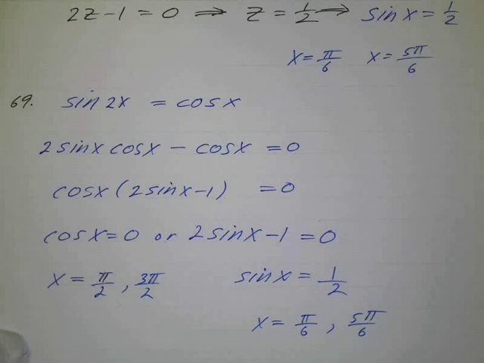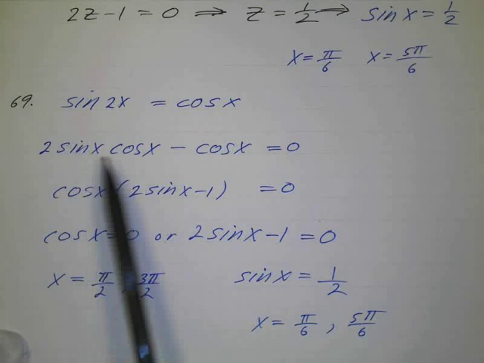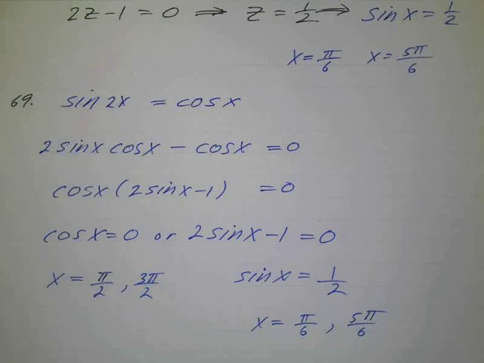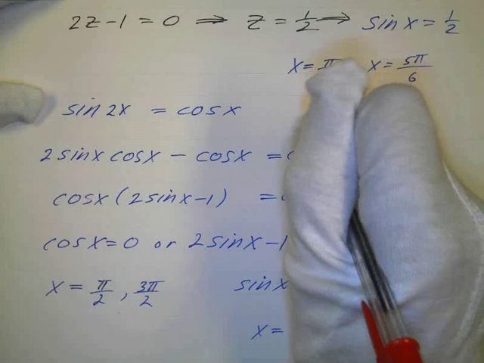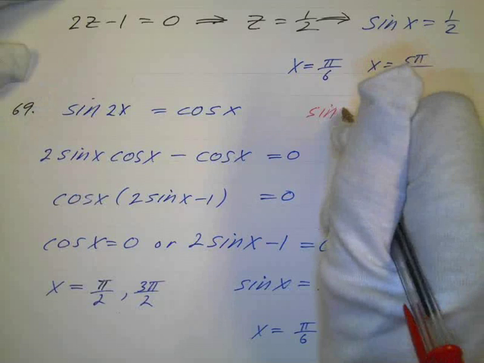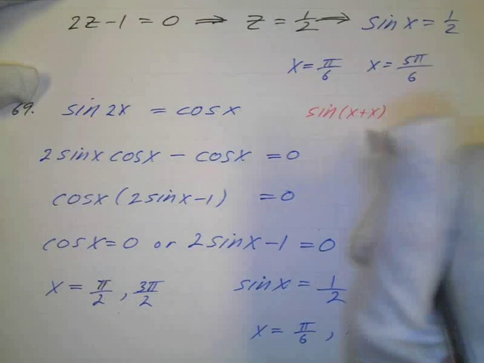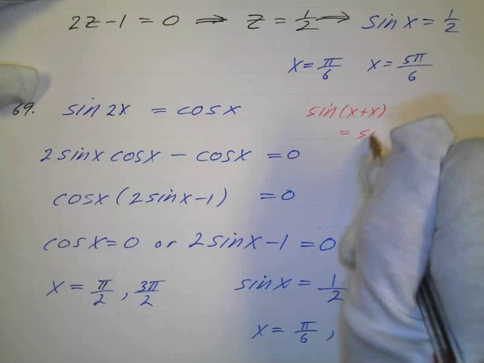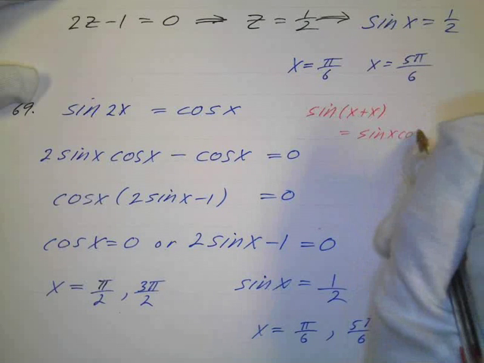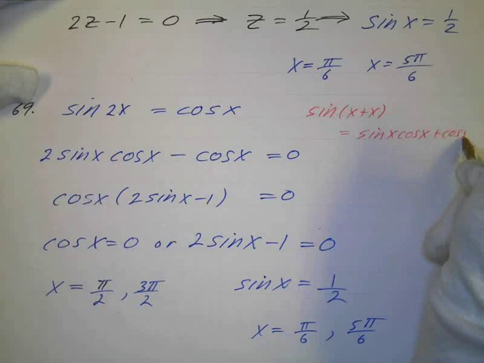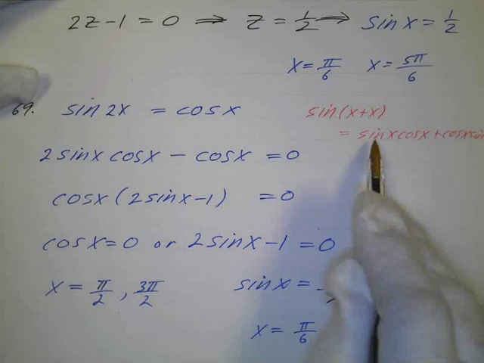Again, that's easy enough to derive. And then once we have it like this, we can pull this out. Again, I want to show you how to derive that if you forgot, so you can see that. We can think of 2x as the same thing as x plus x, right? And that, we know that that equals sine cosine, same sign, plus cosine sine of x.